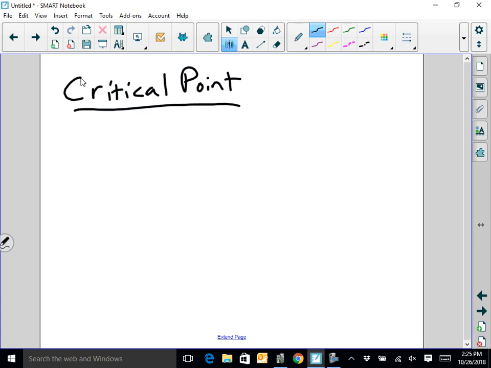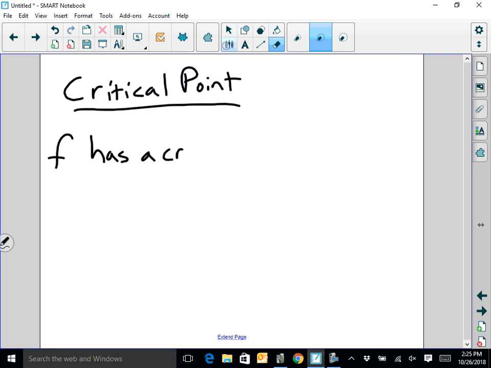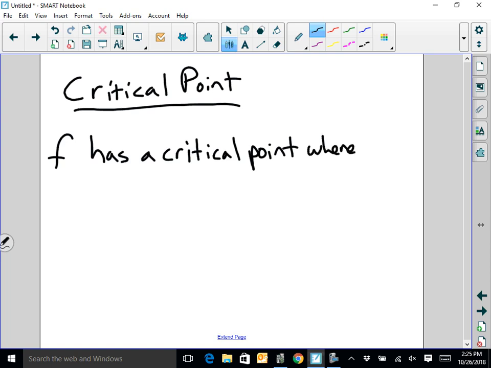Okay? F has a critical point whenever f prime of x equals 0 or f prime of x is undefined.